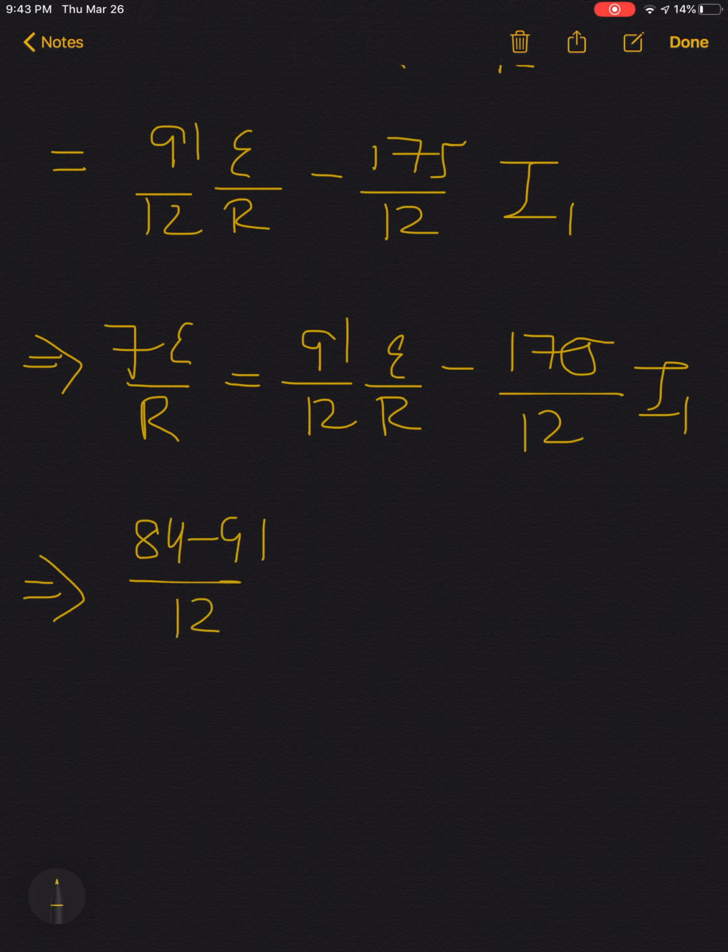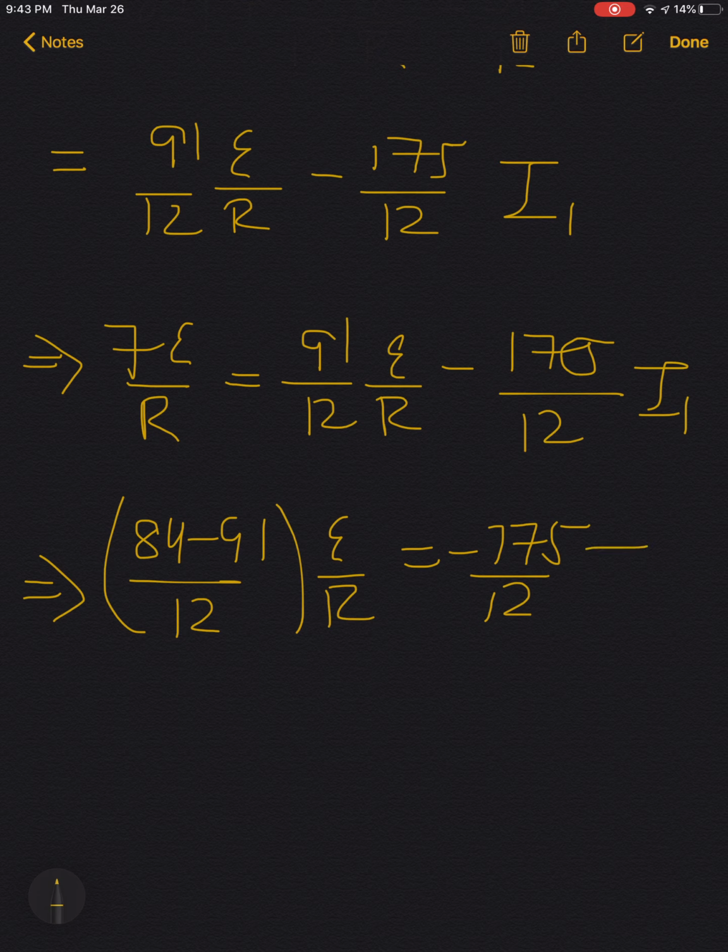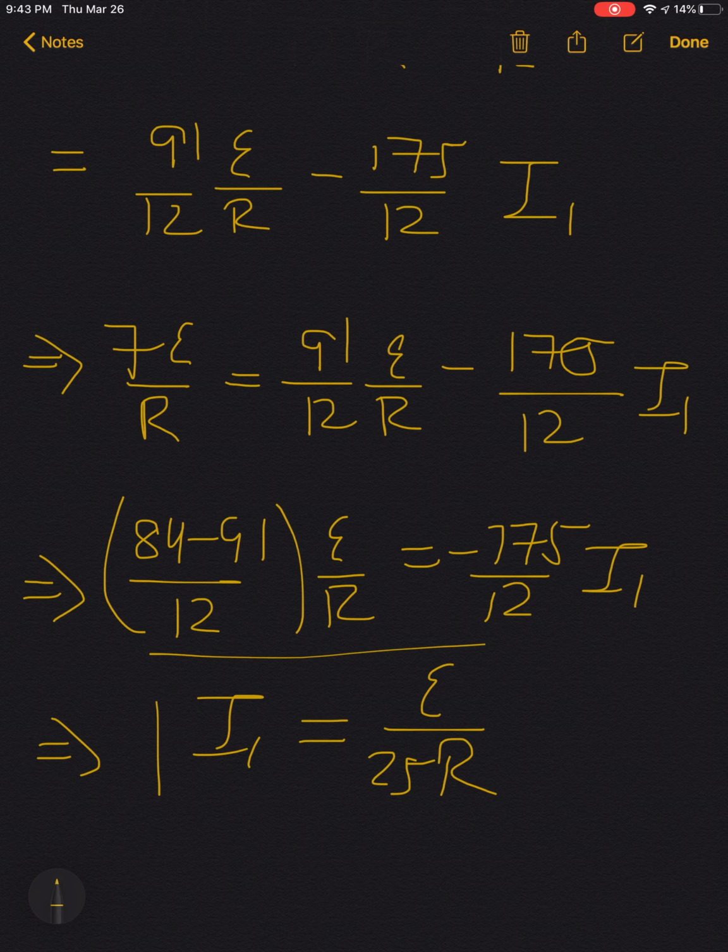The 84 comes from 7 times 12 from finding the common denominator, times E over R equals minus 175 over 12 times I1. Now I multiply by that reciprocal, and what I get is that I1 is equal to E over 25R. We're almost there. We're so close.